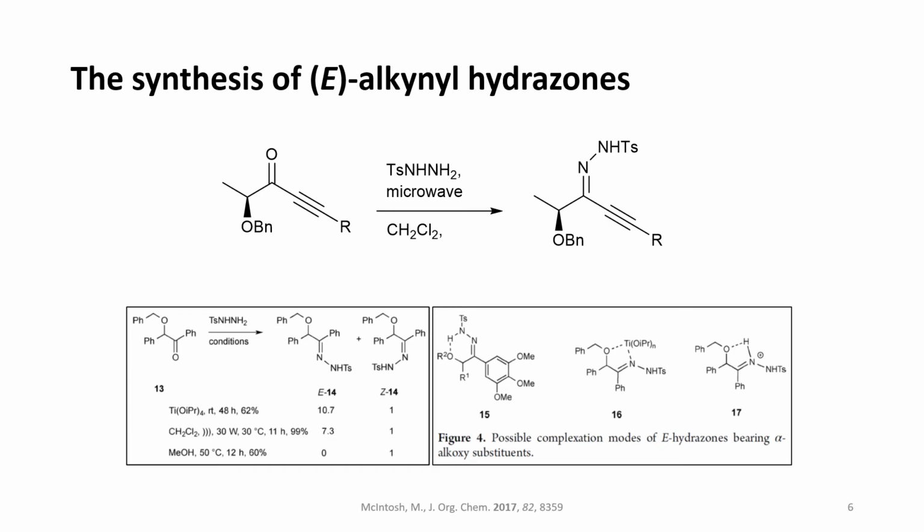The E-hydrazone is formed because of its potential for internal hydrogen bonding during one of the intermediate phases, and we can see this in the lower right figure.